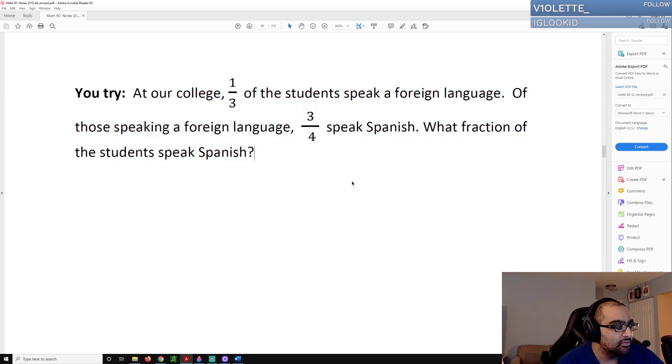What fraction of the students speak Spanish? Let's take a minute or two and do this problem, and once you have an answer, go ahead and type that out in the chat.